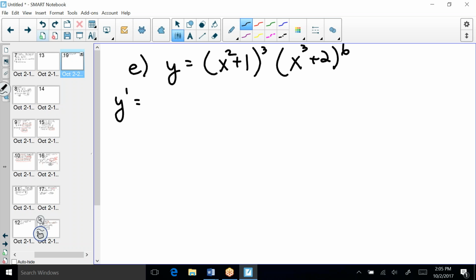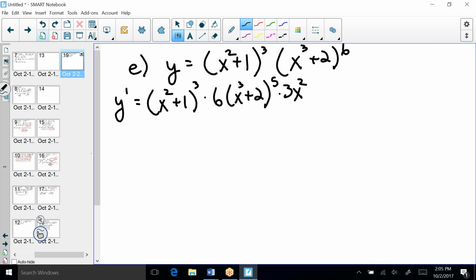So product rule says the first thing, we're just going to copy it, x squared plus 1 cubed, times the derivative of the second, so we're going to bring the exponent to the front, copy the inside, decrease the exponent by 1, and then multiply by the derivative of the inside, so 3x squared.